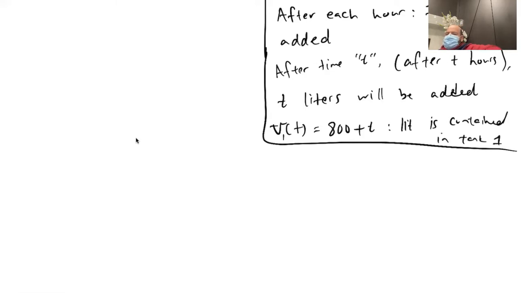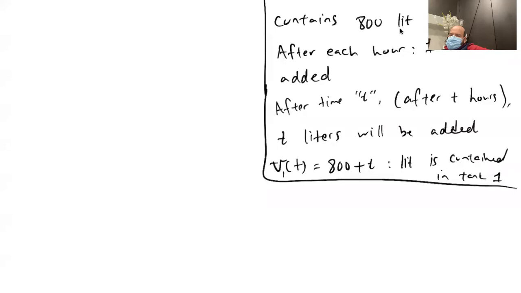Originally, it contains 800 liters, but after 1 hour, 1 liter will be added, and after t hours, t liters will be added. So overall, 800 plus t liters is contained in tank 1 after t hours.